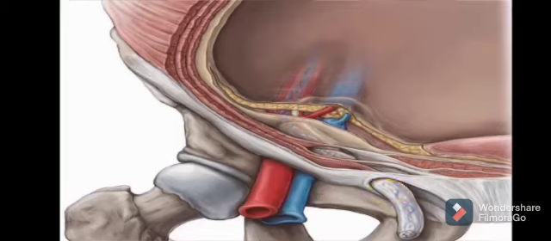So this canal is called the inguinal canal, a 4 centimeter canal in the lower part of the abdomen, and it provides passage for the spermatic cord in males and the round ligament in females.